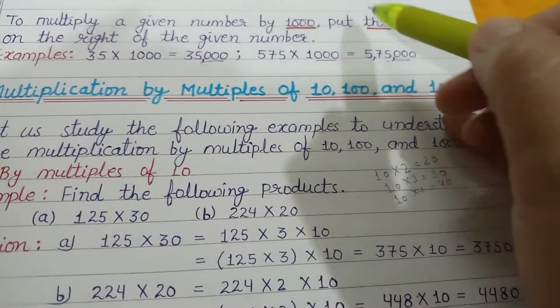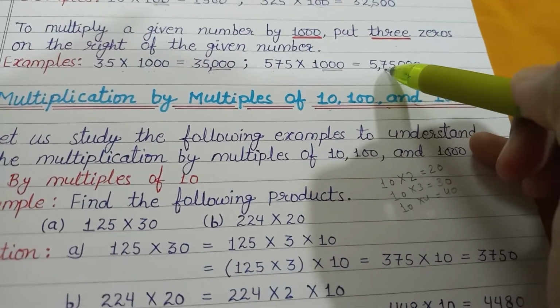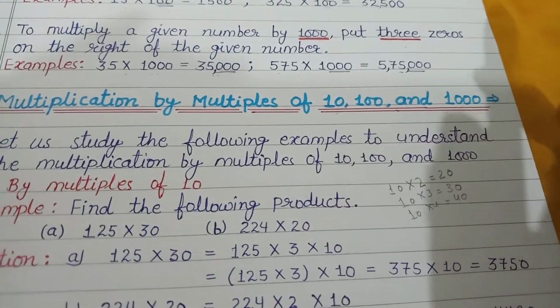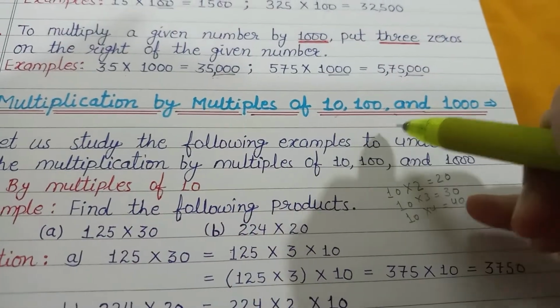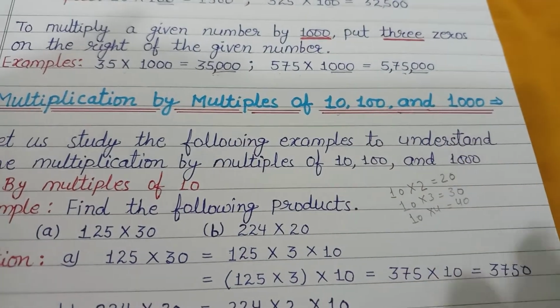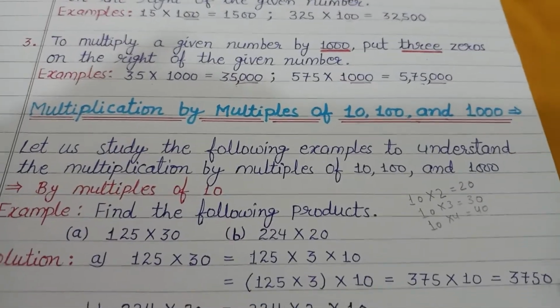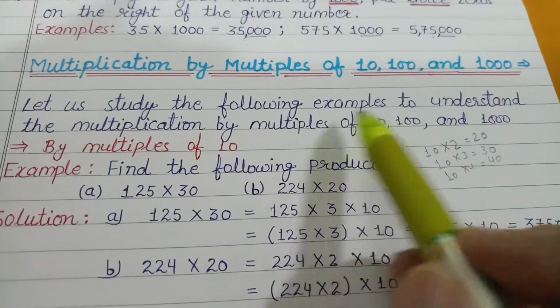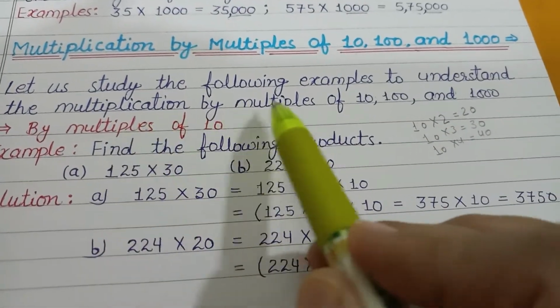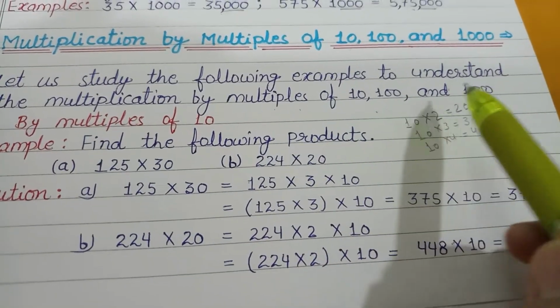So till now we have learnt how to multiply by 10, 100 and 1000. Now we learn how to multiply by multiples of 10, 100 and 1000, meaning how to multiply by 20, 30, 40 directly. So let us study the following example to understand the multiplication by multiples of 10, 100 and 1000.